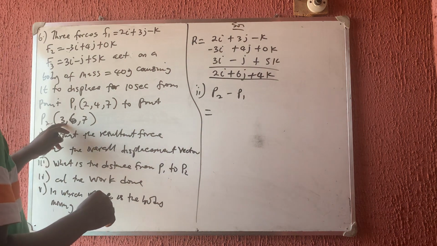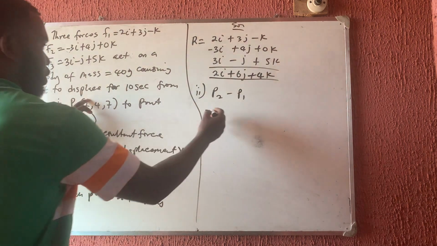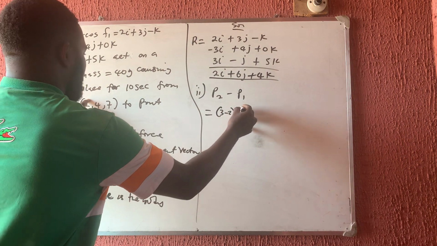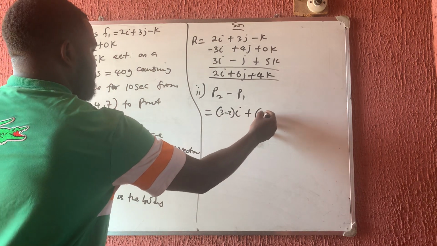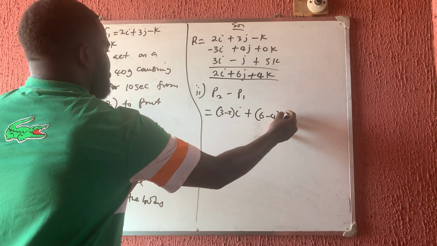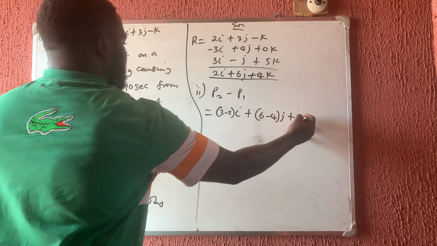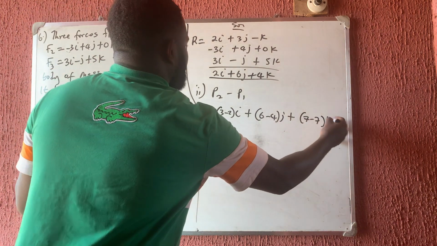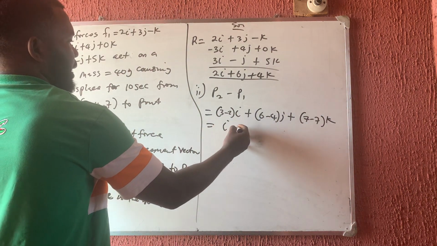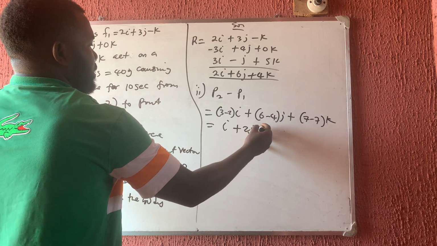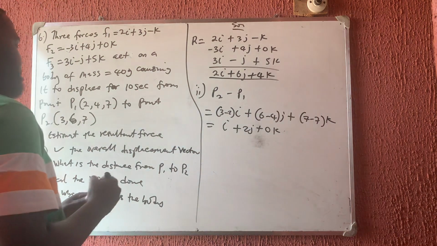So we say 3 minus 2, you put your i plus. The next one is 6 minus 4, you put your j plus. The last one is 7 minus 7, you put your k. So I'm having 1i plus 2j plus 0k. So that is the displacement.